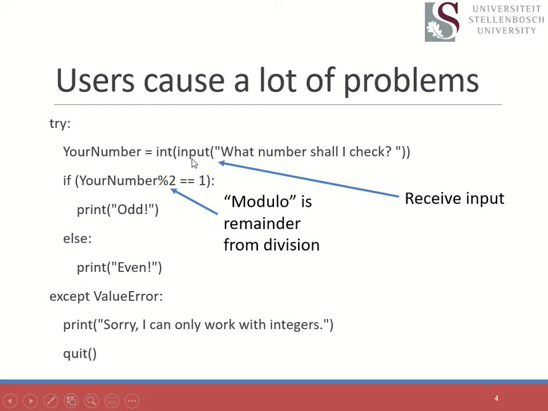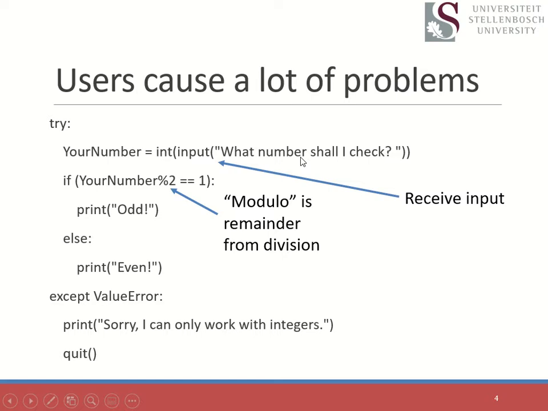When the code executes input, it is going to prompt the user with the text on screen, what number shall I check? And then the cursor is going to be blinking 1 space after that question mark. And this is all the prompting that the user is going to get.